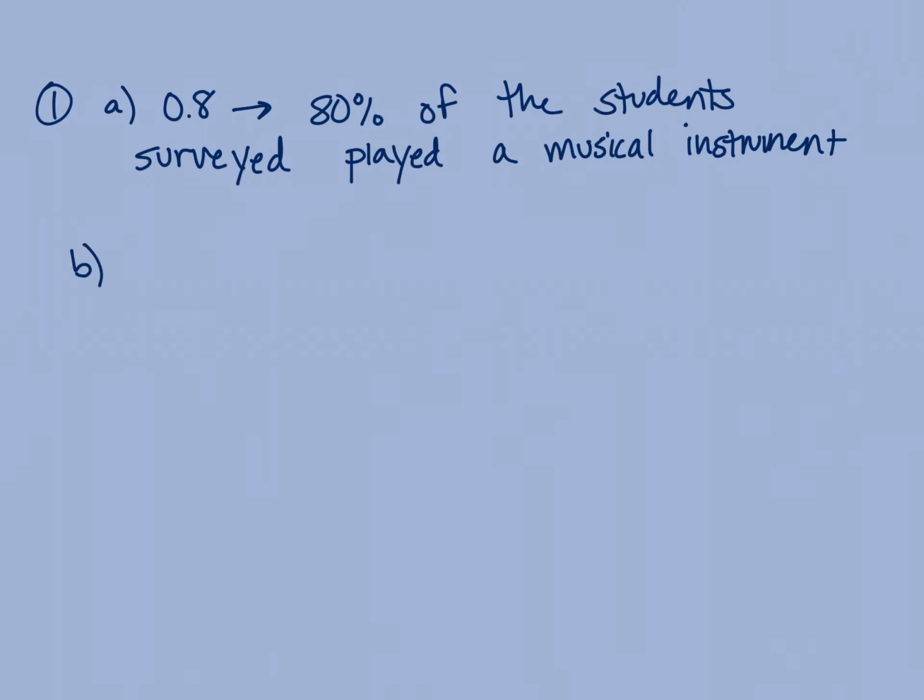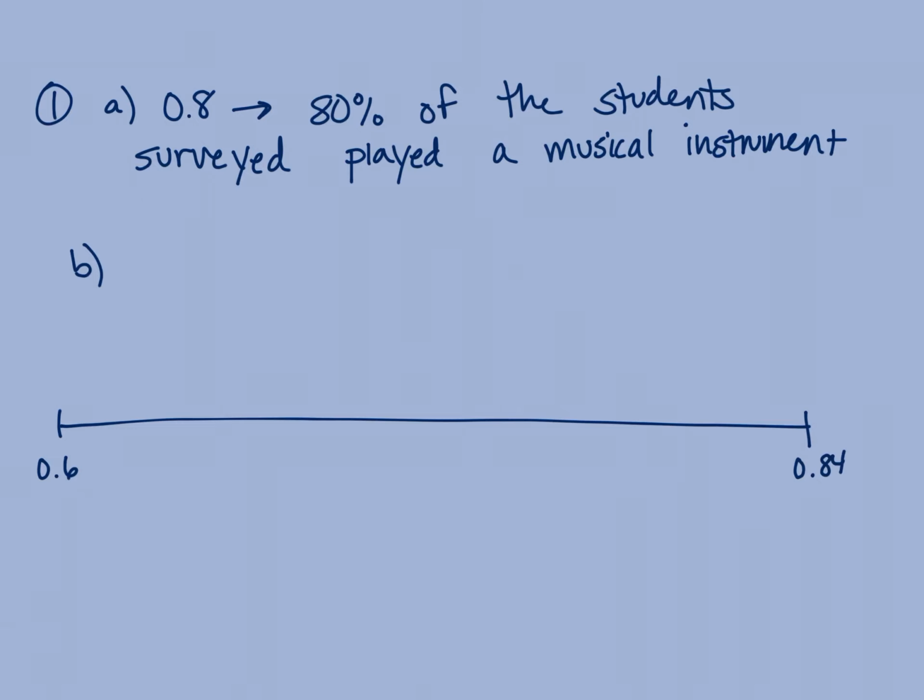B asks you to construct a dot plot for the 30 sample proportions. Our smallest value is 0.6. And our biggest value is 0.84. And it looks like we count up by fours.